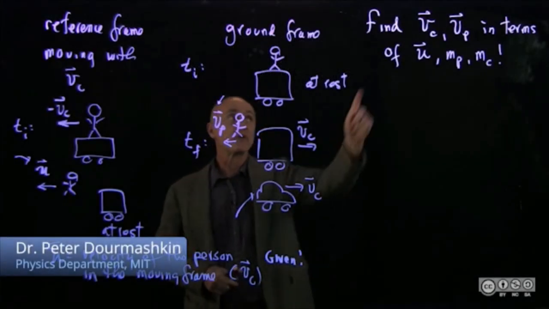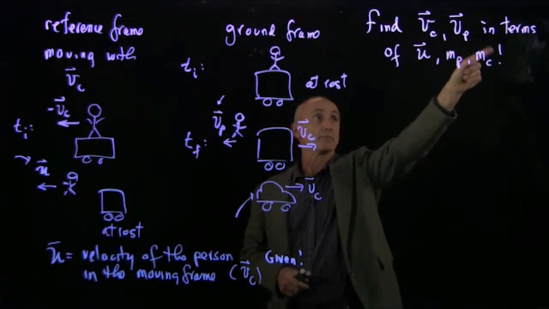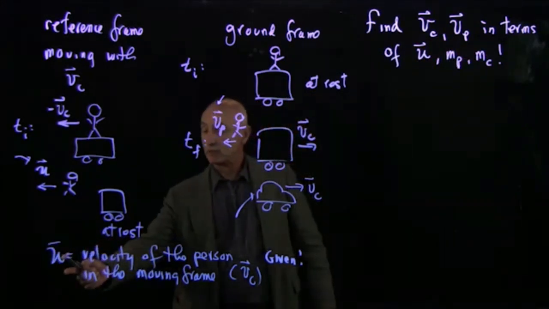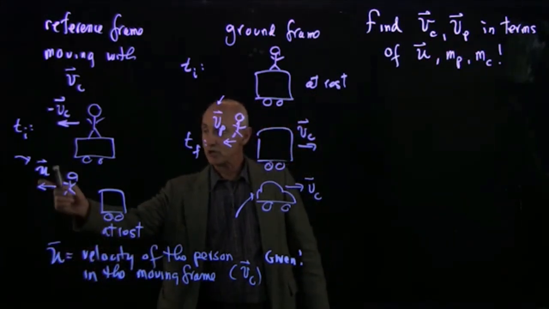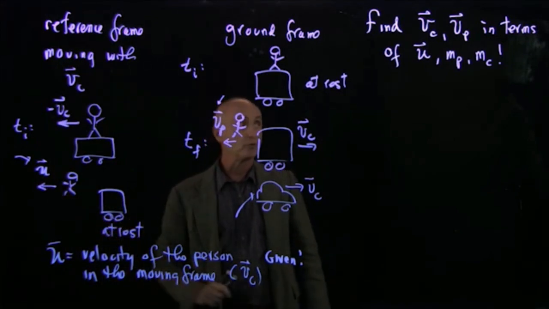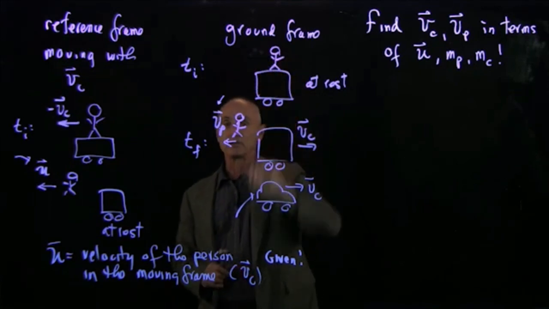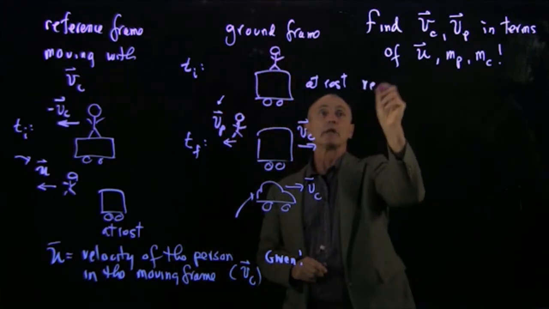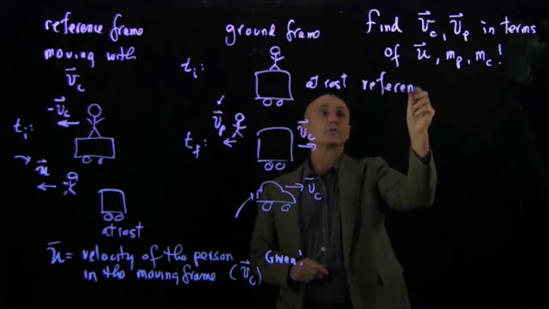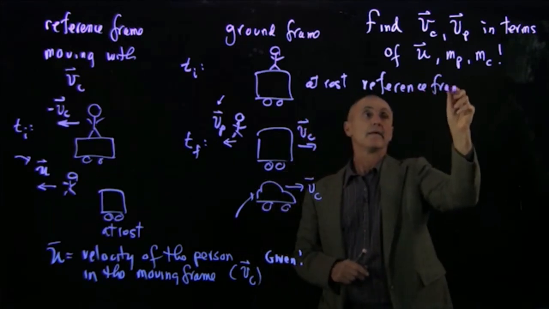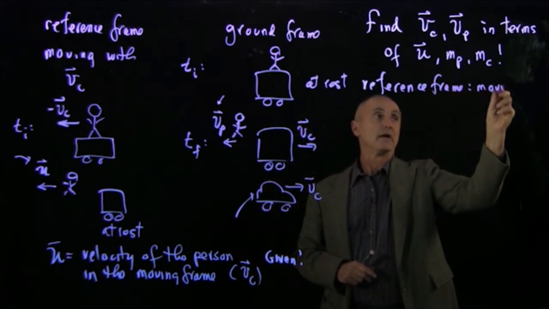So we've been trying to find the velocity of the cart and the velocity of the person in terms of the relative velocity of the person jumping in the reference frame of the moving cart, the mass of the person, and the mass of the cart. We've already solved this in the ground frame. Now I would like to solve this with the moving frame as my reference frame.